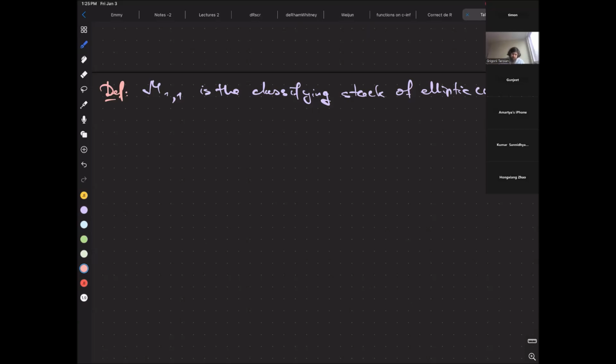In this case, this is a very classical stack, a stack in groupoids. But in principle, we will consider sheaves of spectra, and we'll call these stacks.